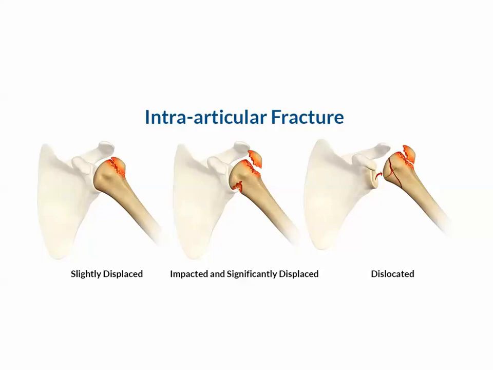Then you can see multiple examples of intra-articular fractures, like this one involving the greater tuberosity, and this one with impaction of the humeral head against the glenoid rim, and this comminuted fracture partly displaced and partly non-displaced together with dislocation of the shoulder.